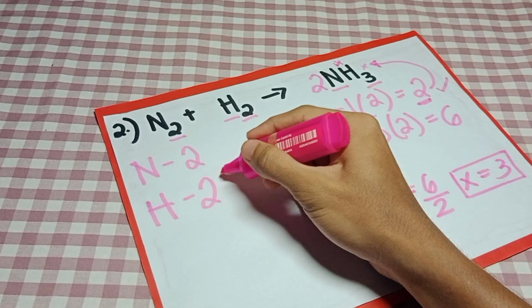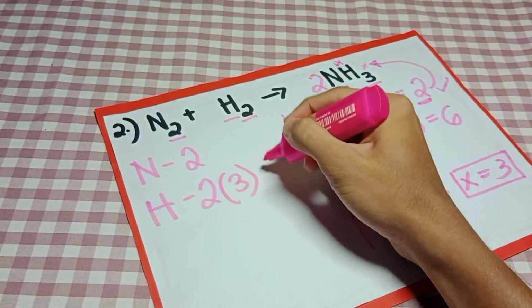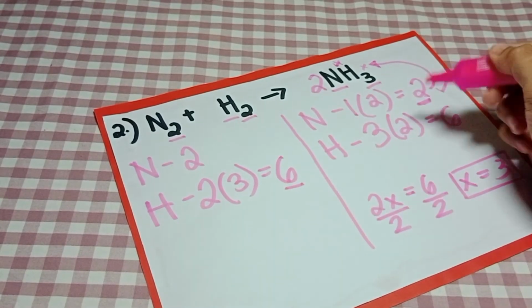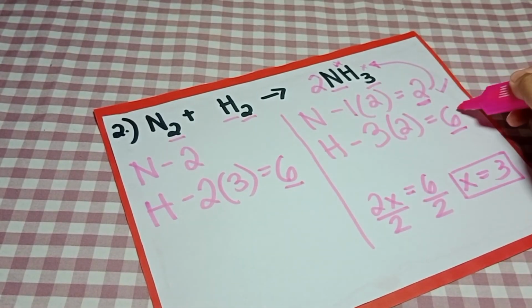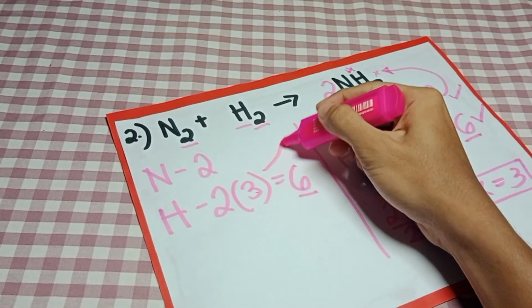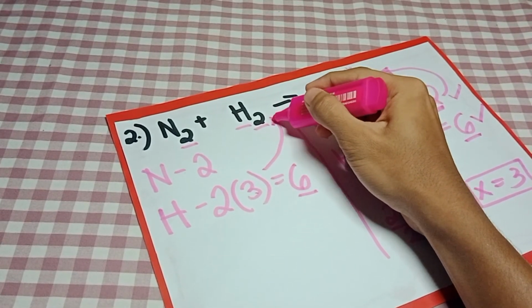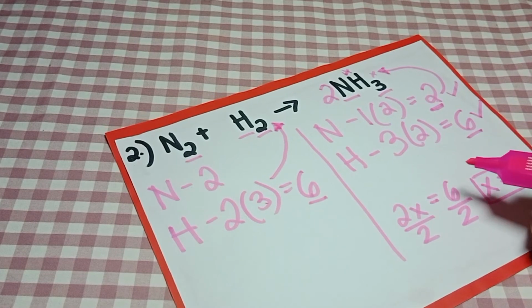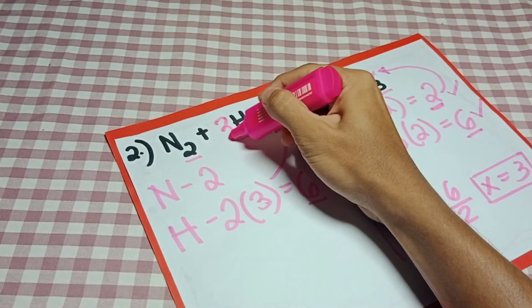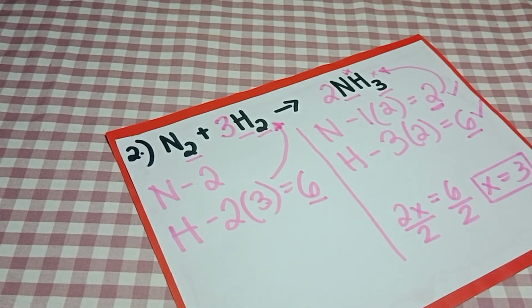So we have to multiply the hydrogen atoms by 3 to get a product of 6. So they have 6 here. So they are balanced. Again, this 3, you should put it before the compound where hydrogen atoms are located. So we have to put 3 before. Then, here we go. This is the balanced equation of number 2.